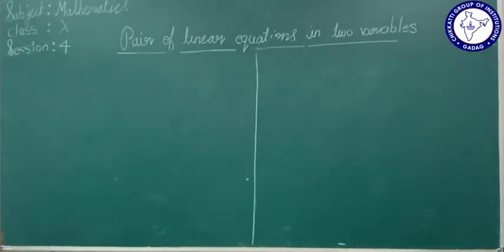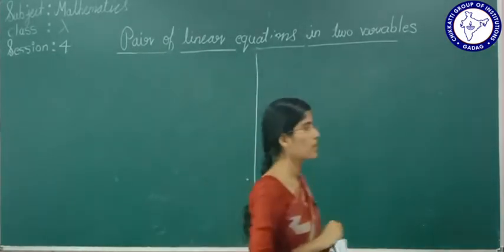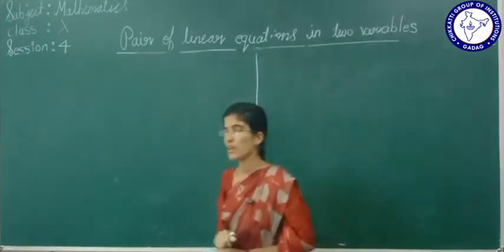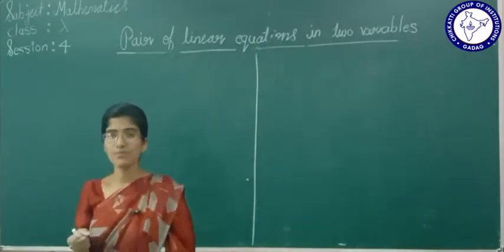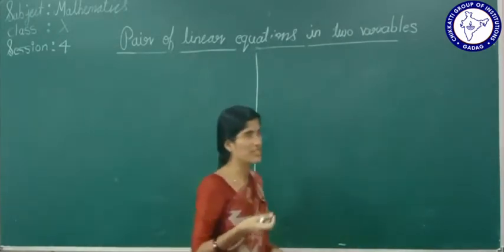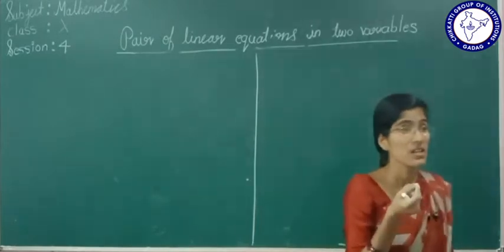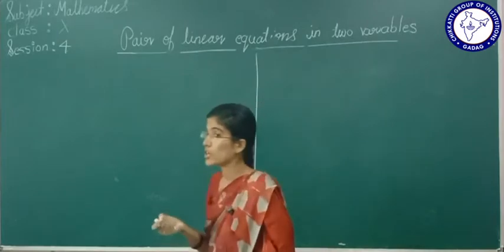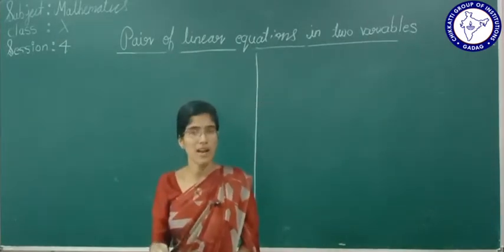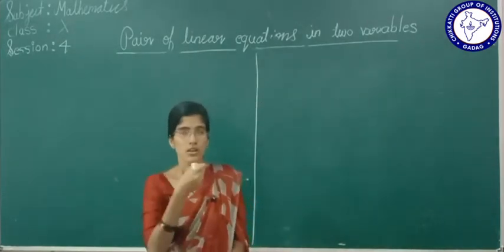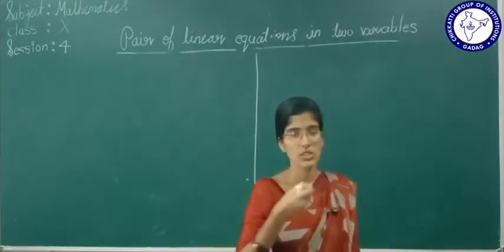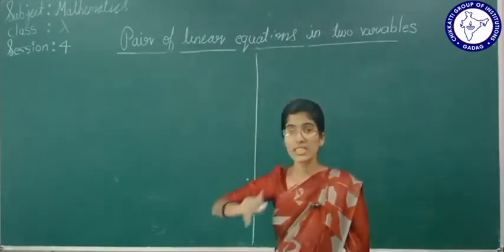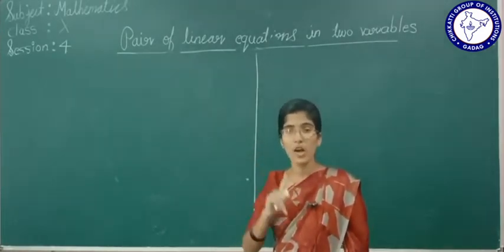Now see students, before going to the exercise, one thing we have to study here. If I give you a pair of linear equations and ask whether these lines are intersecting, parallel or coincident, what will you do? You will draw a graph. First you find the solutions algebraically, afterwards you plot a graph and see whether it is intersecting, parallel or coincident.